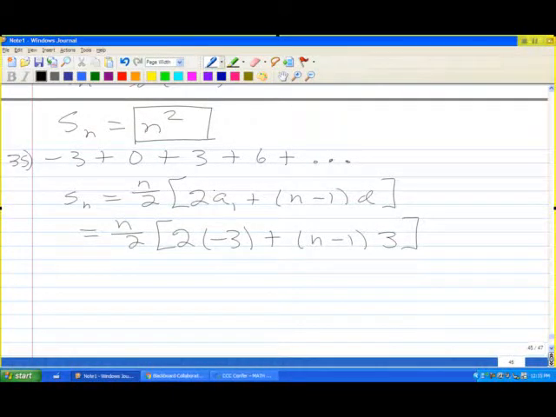Okay, sorry about that. So this is equal to n over 2 times 2 times -3, which is -6. Let me multiply the 3 inside the parentheses. So I get plus 3n minus 3.